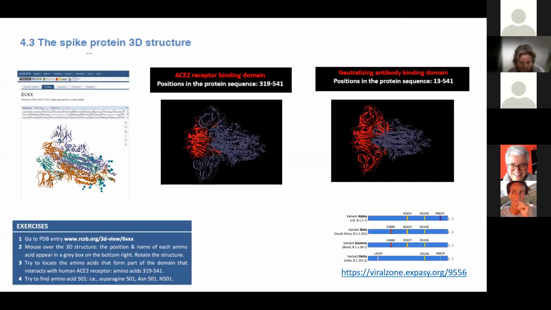So according to the data which are available, we know which part of the protein is important for the binding to the human receptor, and which part of the protein is important for the binding to the antibodies.